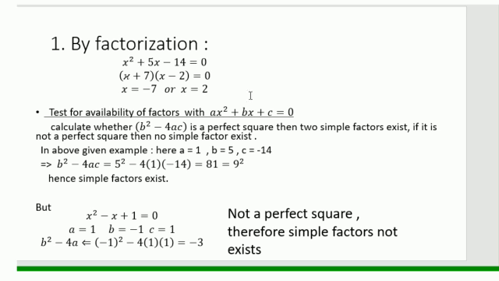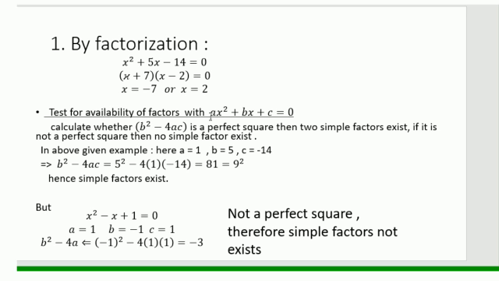Before solving by the factorization method, you must check or test the availability of factors of the quadratic equation ax square plus bx plus c equal to 0. The simple technique: calculate whether b square minus 4ac is a perfect square.